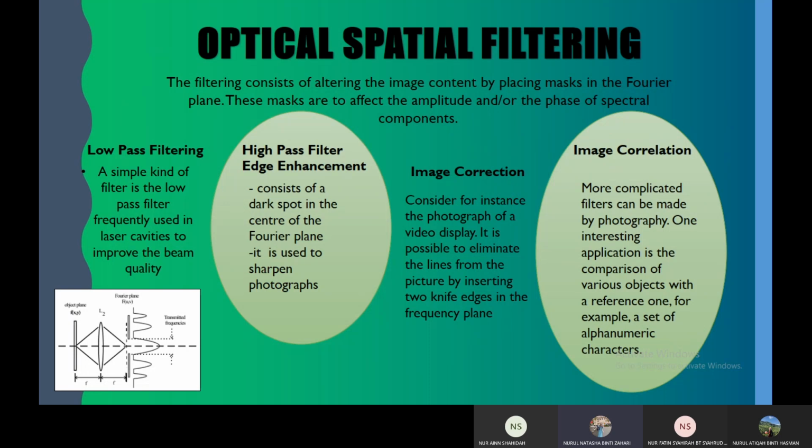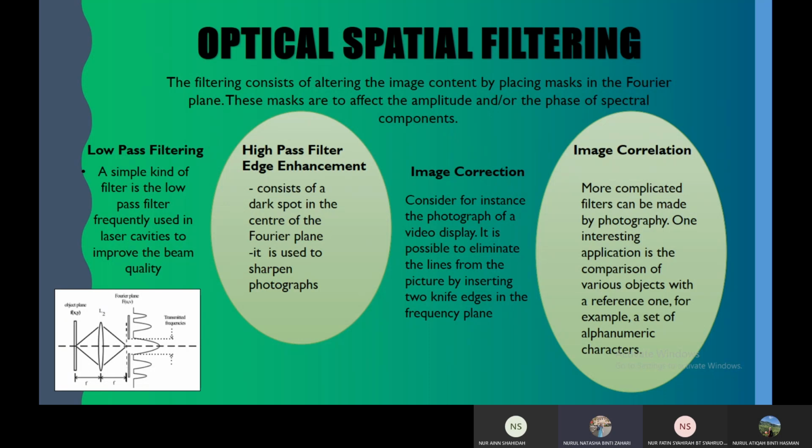A simple kind of filter is the low pass filter, frequently used in laser cavities to improve the beam quality, such as in the diagram below. Secondly is the high pass filter for edge enhancement. It consists of a dark spot in the center of the Fourier plane, and it is used to sharpen photographs.